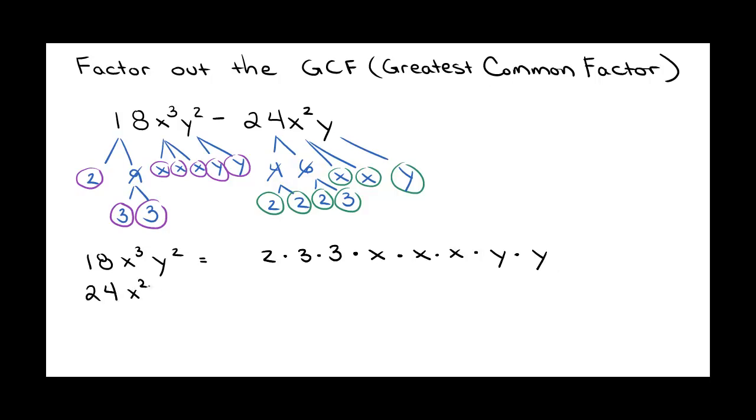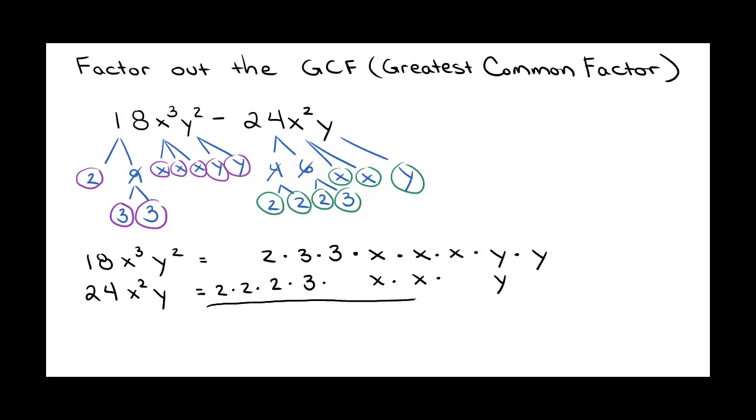And now I'm going to write out the factors of the 24x squared y. So that's 2 times 2 times 2 times 3 times 2 factors of x, and then 1 factor of y.